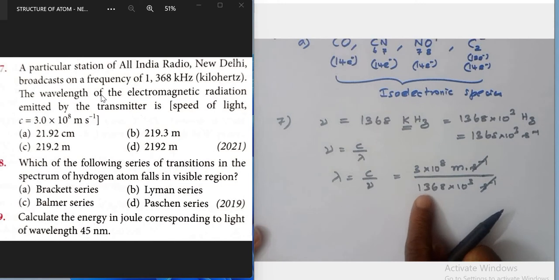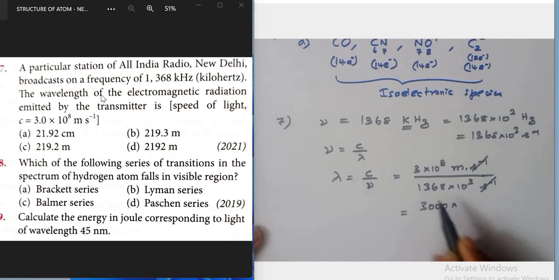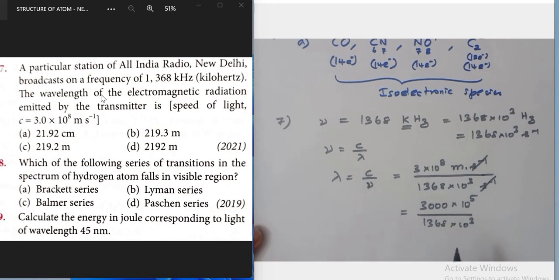So 3 by 1368, or you can write the numerator as 3000 into 10 to the power 5 divided by 1368 into 10 to the power 3. 3000 divided by 1368 will come roughly 200 and something. You just work it out carefully and try to identify the answer. Let me give the answer directly.